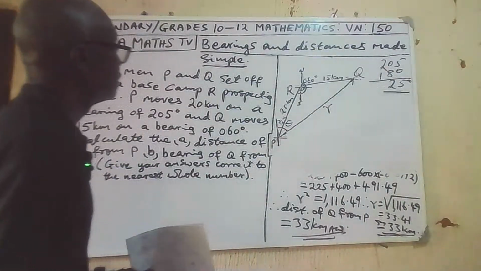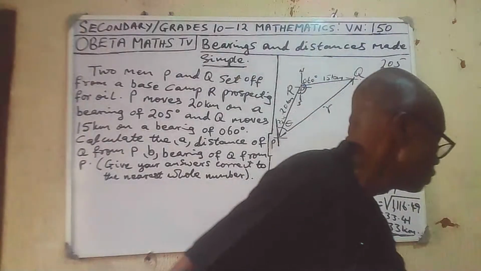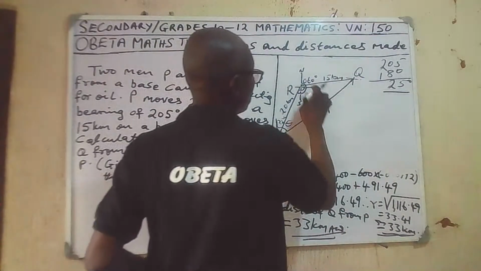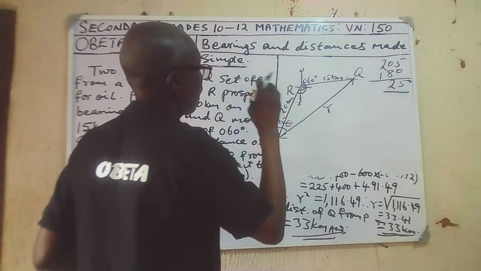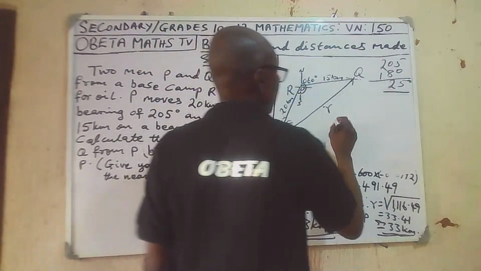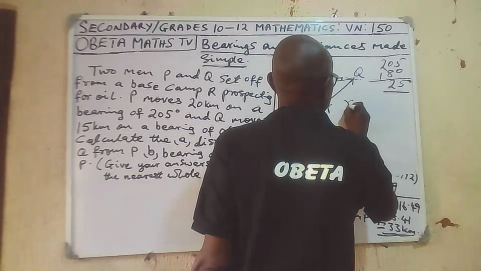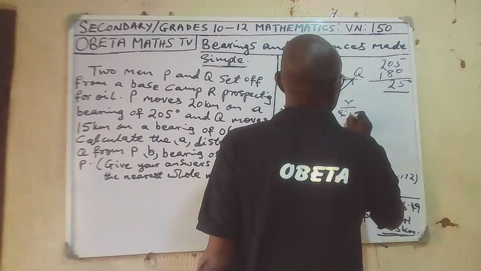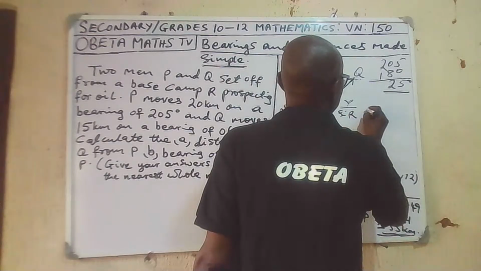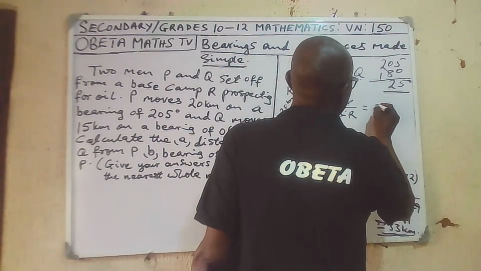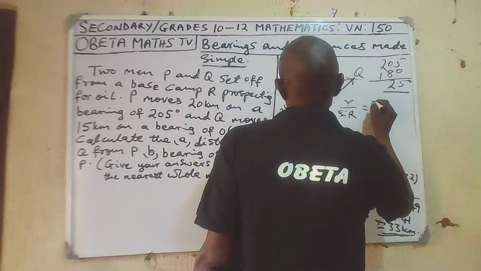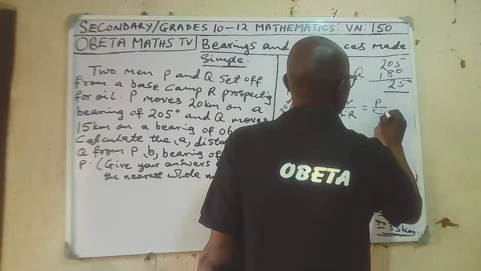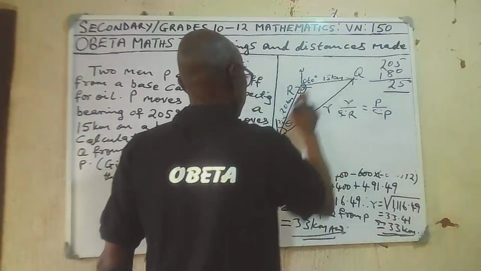And in that case, I think we can use the sine rule because we already know this, we know this, we know this and we don't know this. So we can continue by saying R over sine R is equal to P over sine P. That is this over sine this.